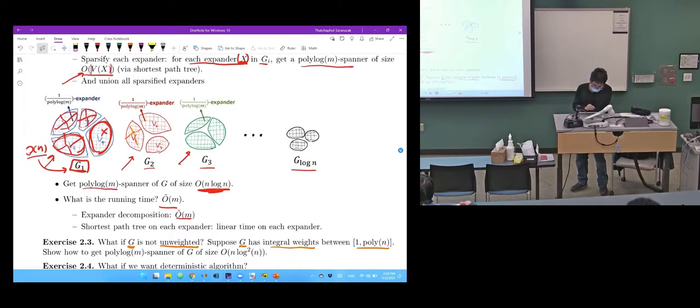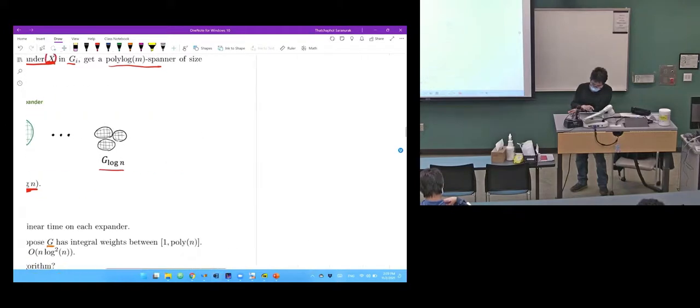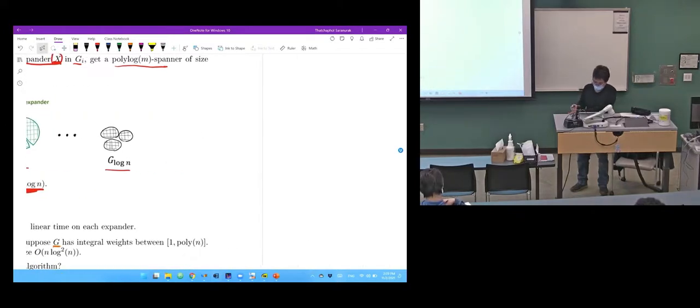How can we get a spanner of G where the size just blows up by a log n factor? Let's look at this trick. Let's call the graph G here.